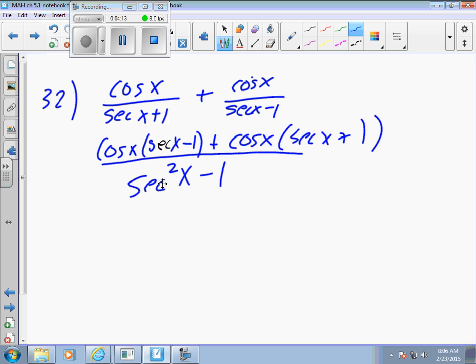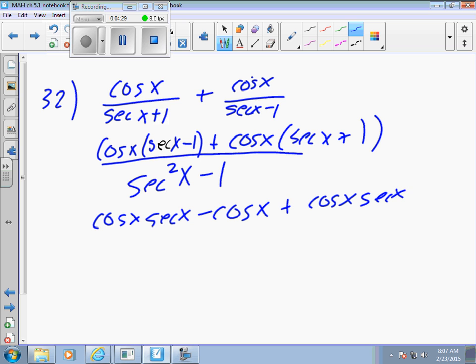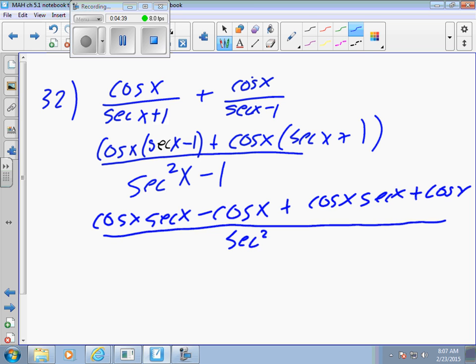When I distribute this, I get cosine x secant x minus the cosine, plus cosine x secant x plus the cosine. And that's all over my secant squared x minus 1.